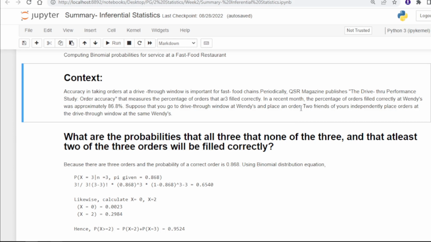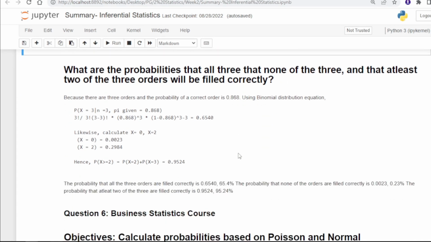In a recent month, the probability of an order filled correctly at Wendy's was approximately 86%. Suppose that you go to the drive-through window at Wendy's and place an order. Two friends of yours independently place orders at the drive-through window at the same Wendy's. What are the probabilities that all three, that none of the three, and that at least two of the three orders will be filled correctly?